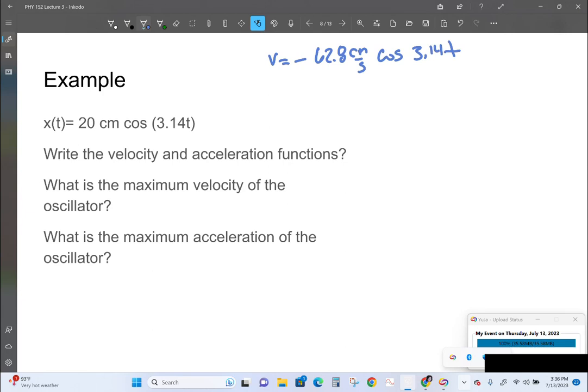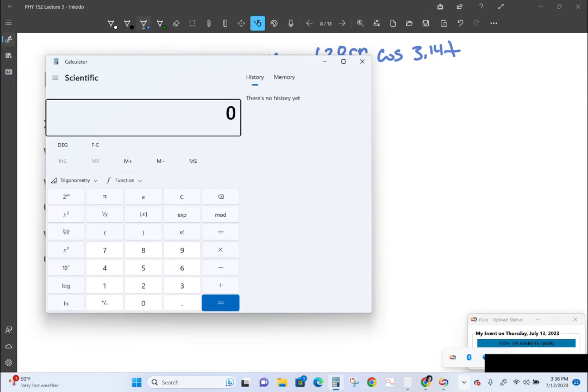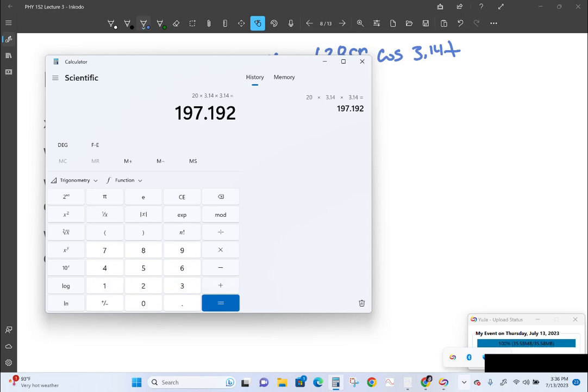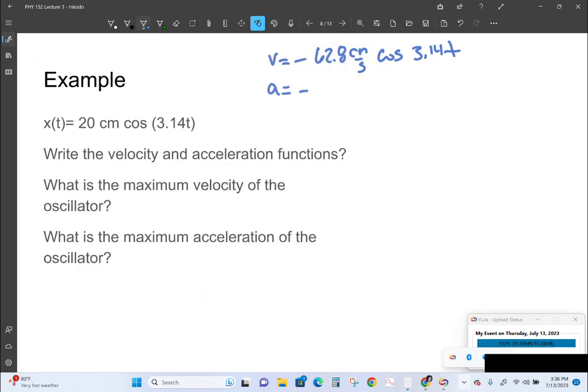That easy. And if I wanted to write the acceleration formula, it would be negative AW squared. So A is 20 times 3.14 times 3.14 because it's squared. So that would be negative 197 centimeters per second squared sine.